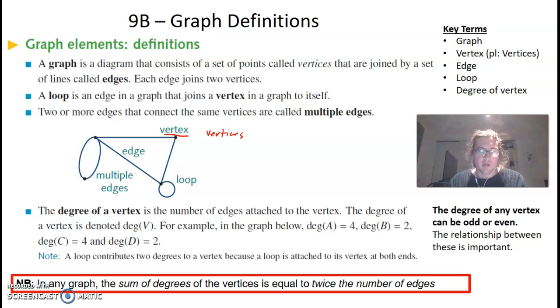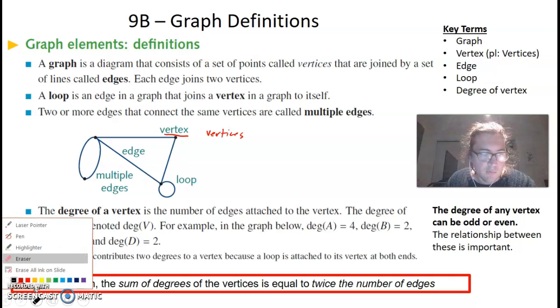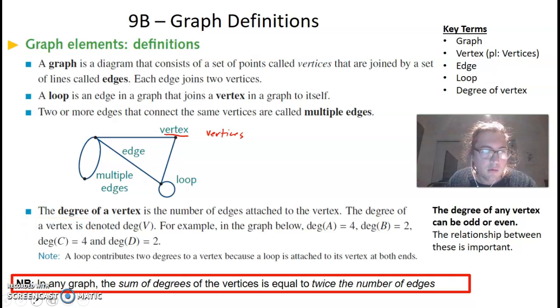Okay, the degree of a vertex, so we're sort of going through these key terms. We've talked about graph, what a graph is, vertex, edge, loop. The degree of a vertex is the number of edges that is attached to that vertex. For instance here, if we call that vertex A, they're normally named A, B, C, D, like that.